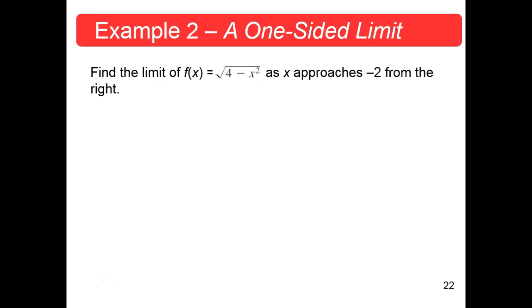Since this is an even root, and this is, I'm sure, a pretty basic review: if you don't see a coefficient, what do you assume the coefficient is? 1. If you don't see an exponent, what do you assume the exponent is? 1.